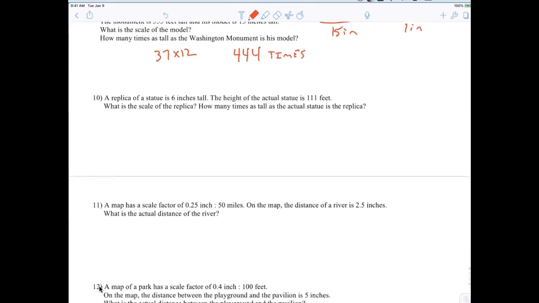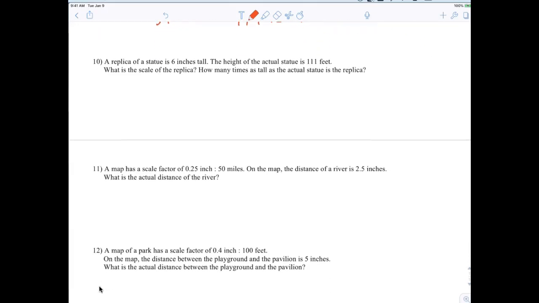Number 10. A replica of a statue is 6 inches tall. The height is 111 feet. What is the scale of the replica? So it would be 6 inches is to 111 feet. Does that go evenly? No, it does not. But if I divide by 3, it is 2 inches is to 37 feet.